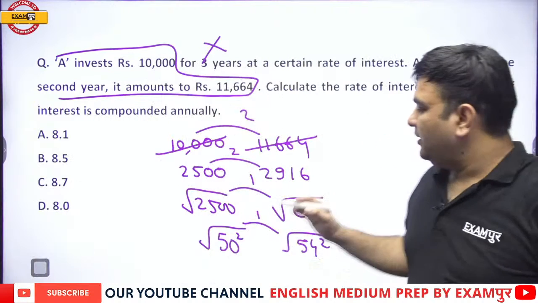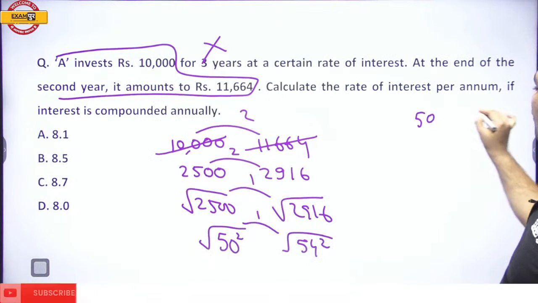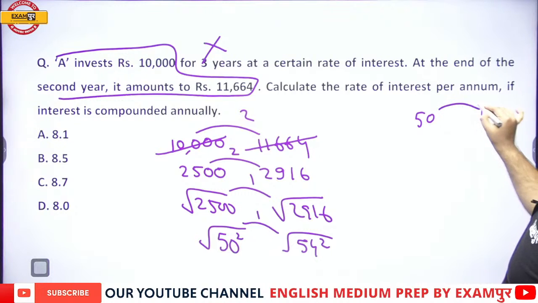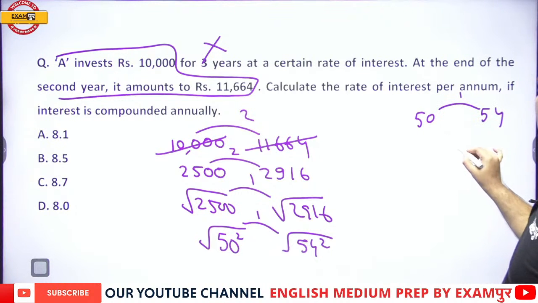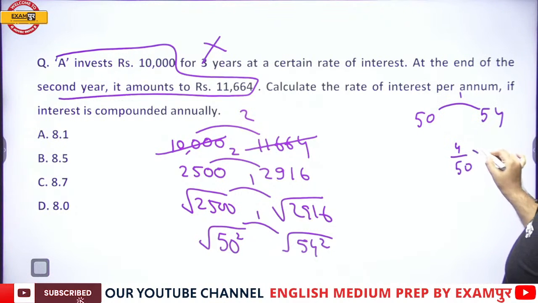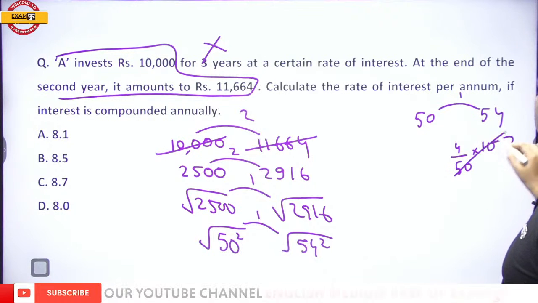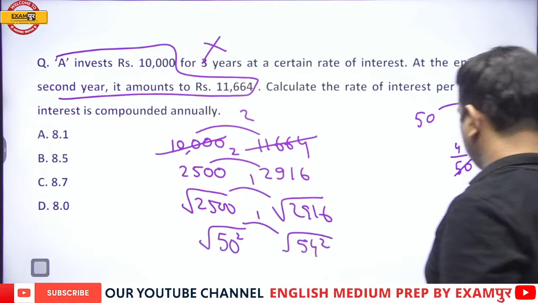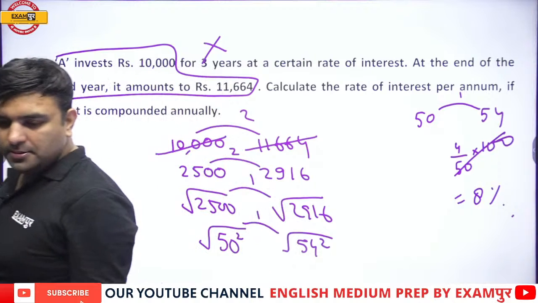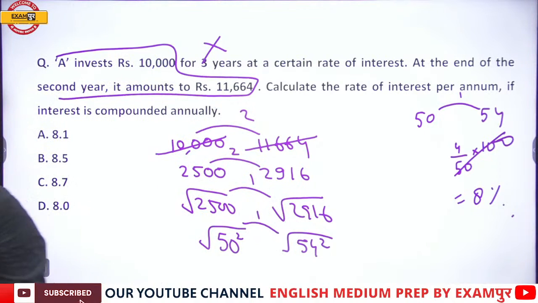So can I say 50 will become 54 in 1 year? Interest of 4 over 50 into 100, 8% is the rate.